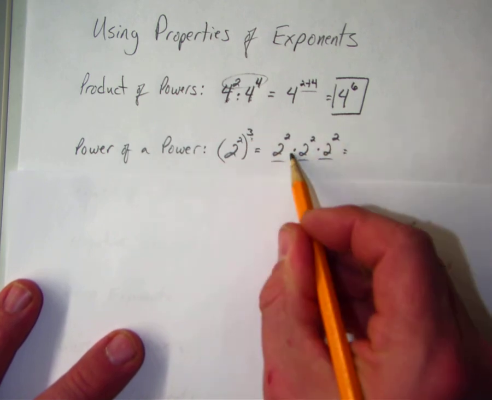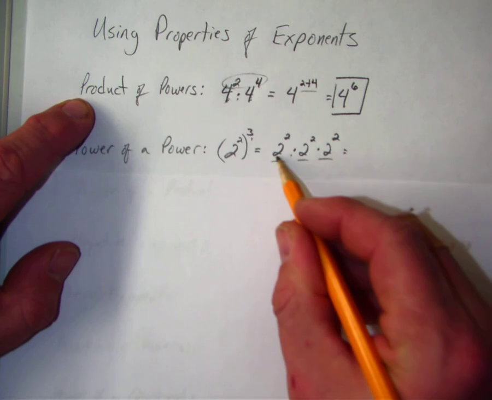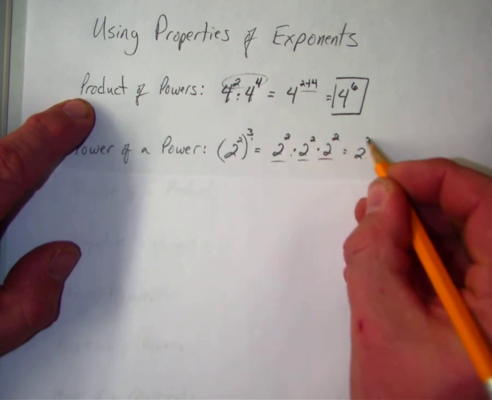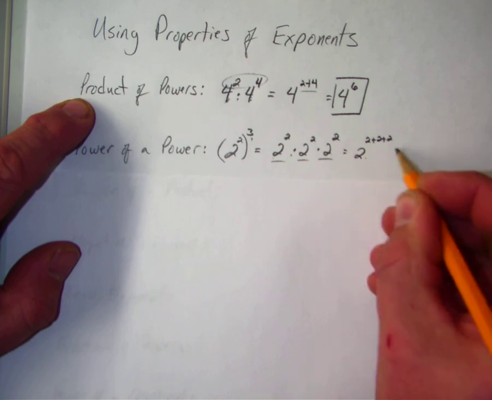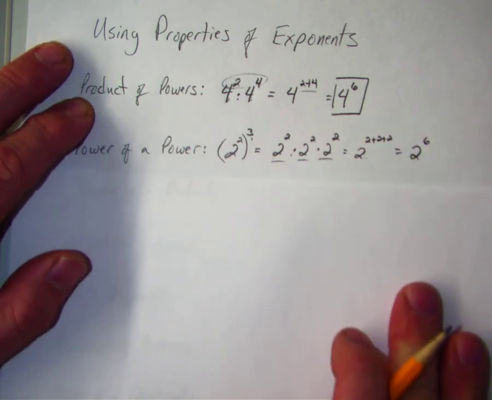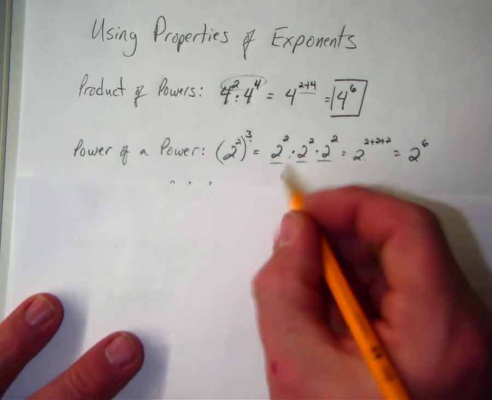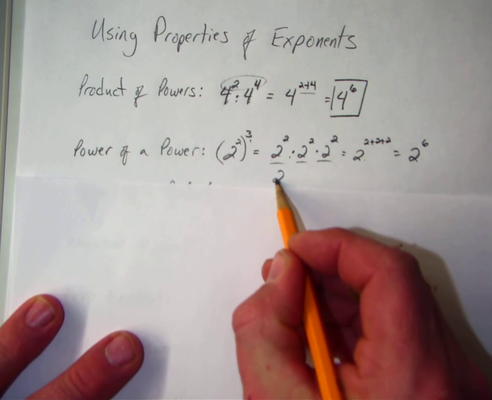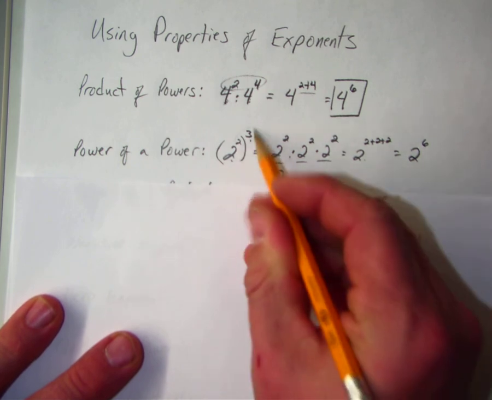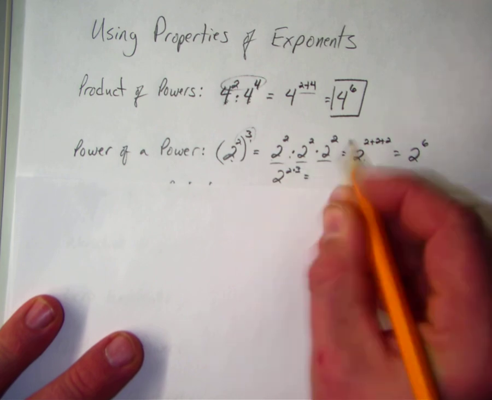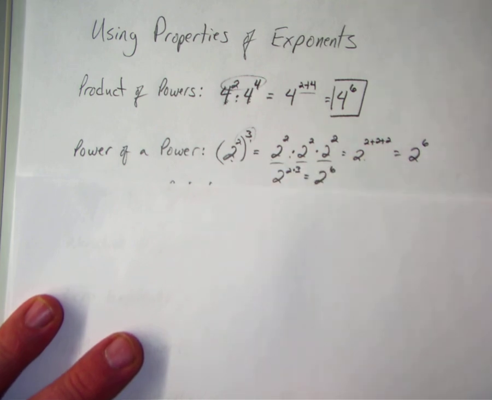So really, now it becomes a product again, and all the bases are the same, so I keep the base and I can add the exponents. So therefore I get 2 to the 6. Now there's another way of doing this. Instead of doing all this work, you can just keep the base and multiply the exponents. So it'll be 2 times 3, so it'll be 2 to the 6.